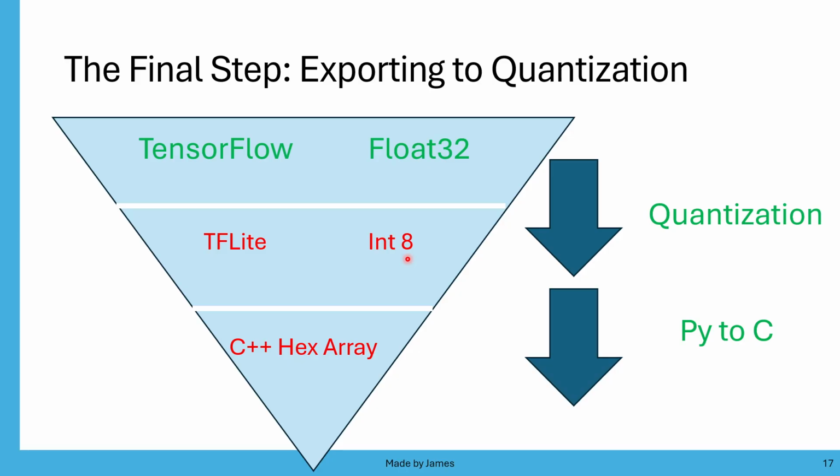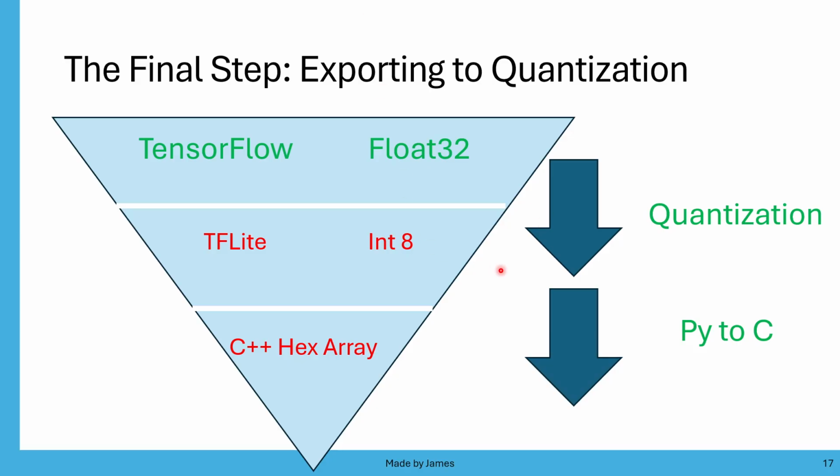It is like compressing a high quality lossless audio file into an MP3. After the quantization step, the model's file size is reduced by about 70%, which is roughly a 4-times reduction, and the processing speed increases very quickly.